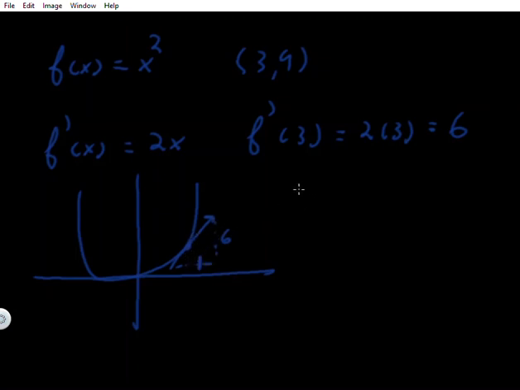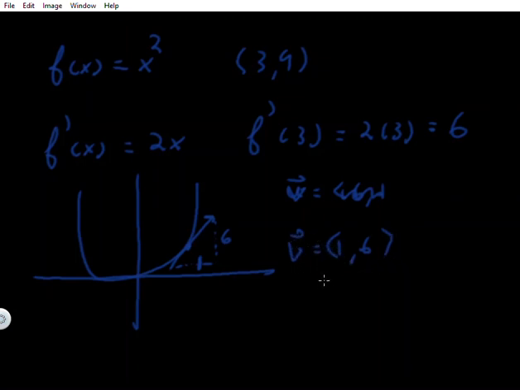So let's call it u, actually let's call it v. We'll call the unit vector u. So I know that from the slope alone, it would be, not 6, 1, but (1, 6). So v would be (1, 6). And now I want to find a unit vector for vector v.